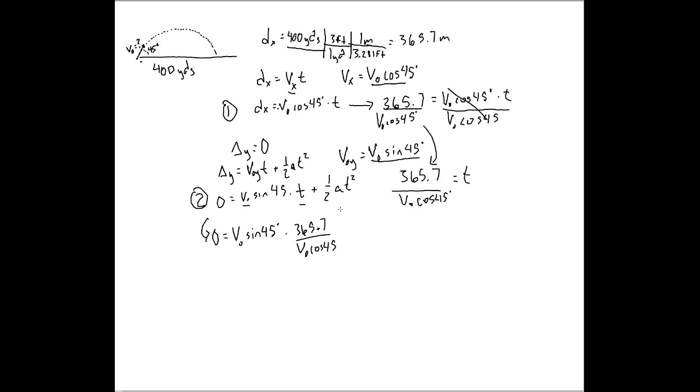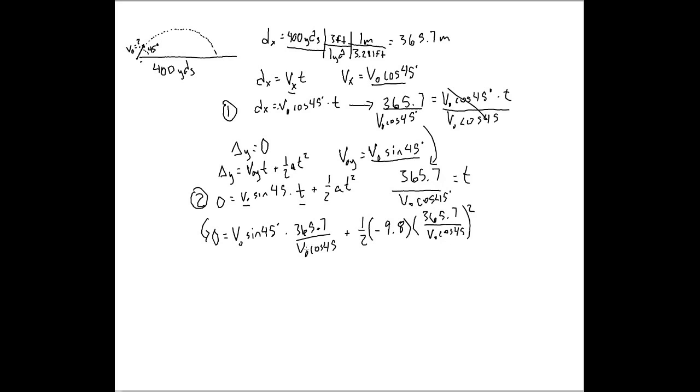And then plus 1/2, a is negative 9.8. And then instead of t squared, I'm going to put in parentheses 365.7 all over V naught cosine of 45, and I'm going to square that whole thing because t gets squared.